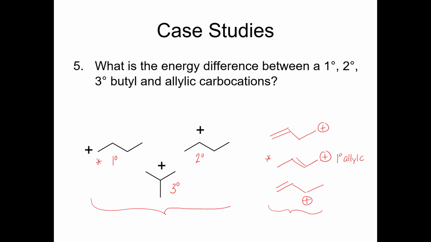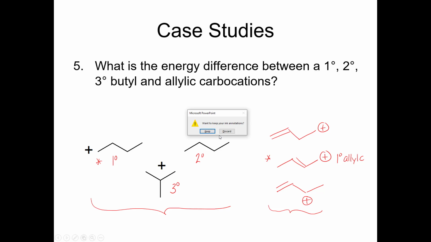How much more stable is the primary allylic versus the primary? So we can get a general idea in terms of kilocalories or kilojoules per mole, how much more stable it is. So all I have to do is draw these 6 structures, do the calculation, and then we'll get the energies for these. And so we'll put those energies on the slide.